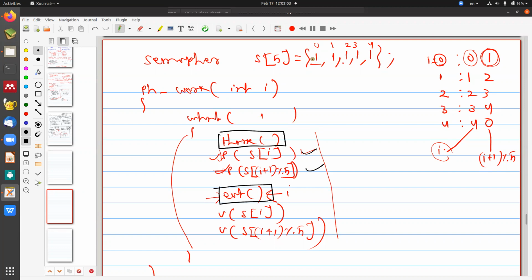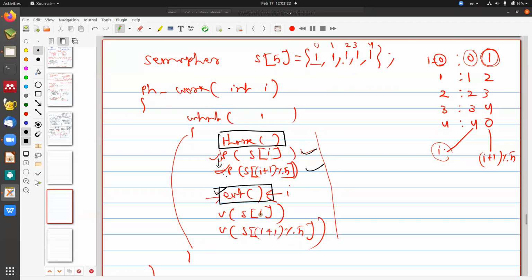If the semaphore value is 1 for that spoon, then I will be allowed to the next step. If my right spoon's semaphore variable is also 1, then I will be allowed to eat. Means my left spoon should be free and my right spoon should be free, then I am allowed to eat.